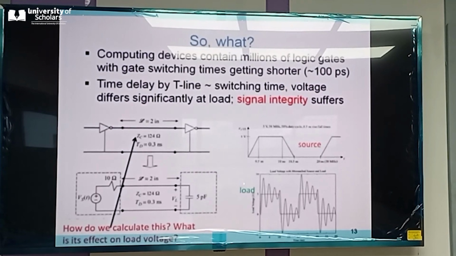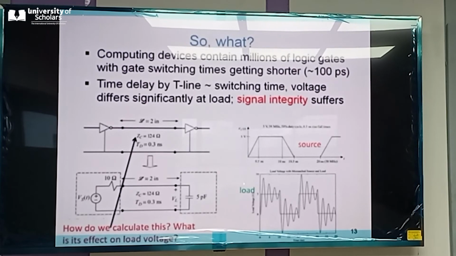Now you might ask, how do we calculate this transmission line characteristic impedance? What is a transmission line? How do we calculate this time delay, TD? And what effect do these impedance ZC and the time delay TD variables have on the load voltage?